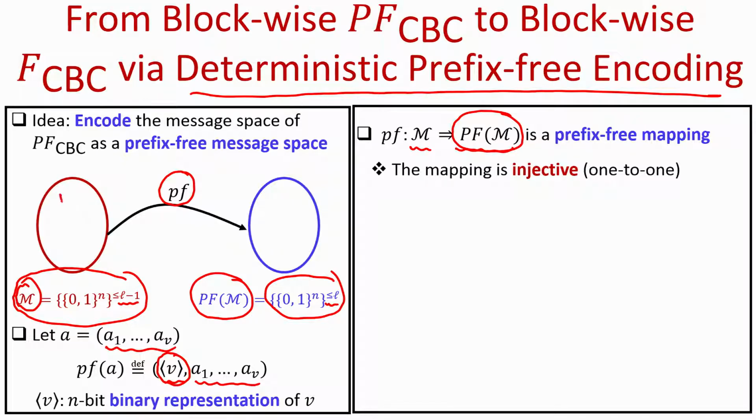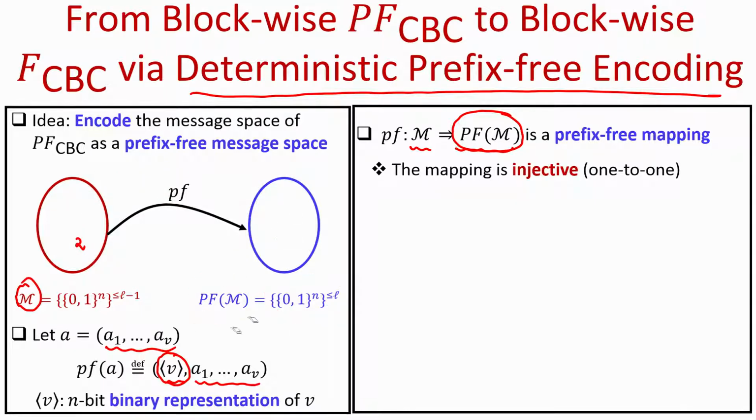If you have two inputs M1 and M2 consisting of up to little l minus 1 blocks, and they are different, then the blocks present in M1 and M2 carry over to the encoded M1 and encoded M2, and they will differ, hence the encoded M1 and encoded M2 will be different. So that proves the mapping is indeed one to one.